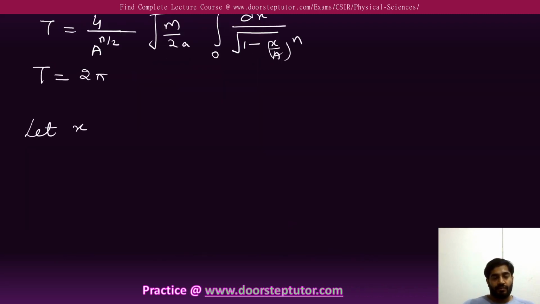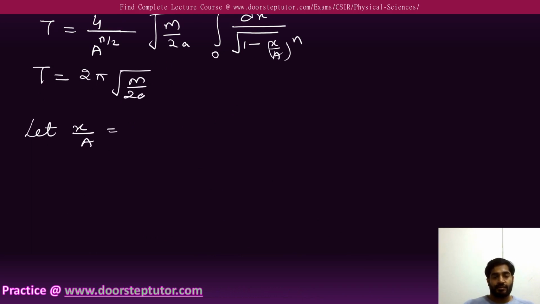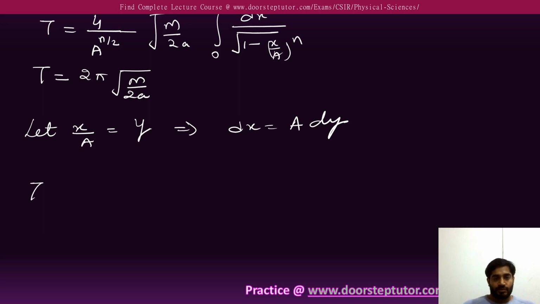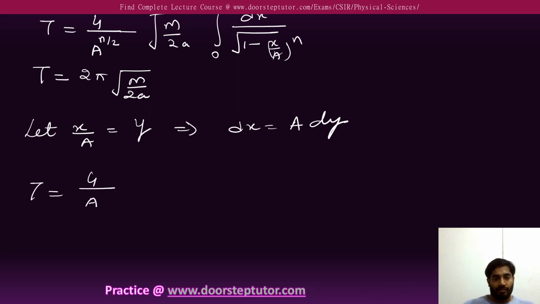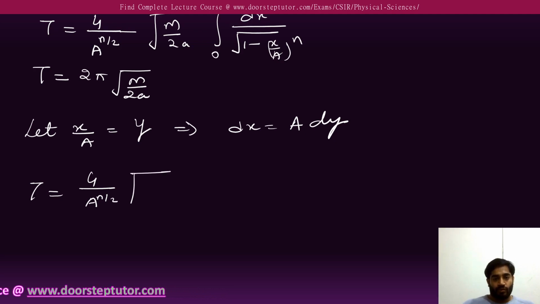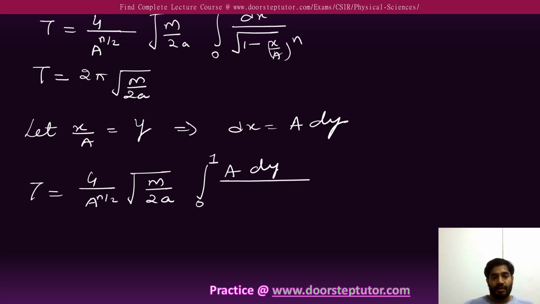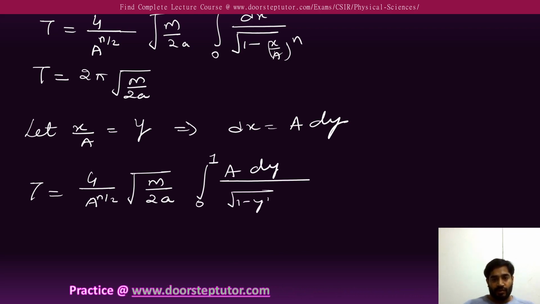Now from this, let x by a equal y. From here, dx equals a dy. Clear? Now if x is 0, y is 0; if x is a, y is 1. So t equals 4 by a to the power n by 2, root of m over 2a, integral from 0 to 1, where dx is a dy, and x by a is y, so it is root of 1 minus y to the power n.